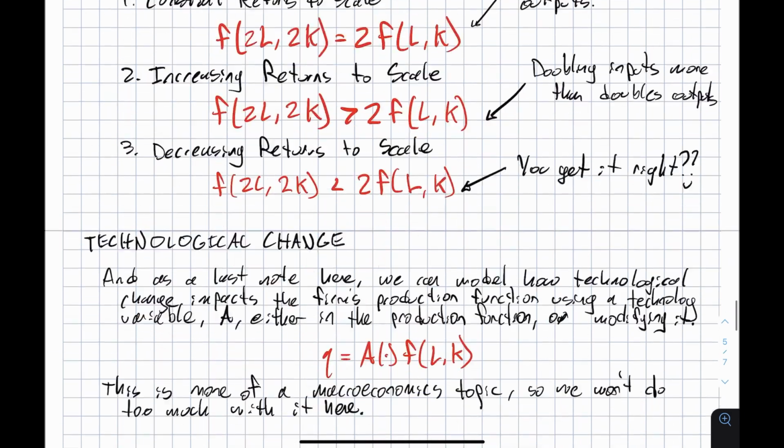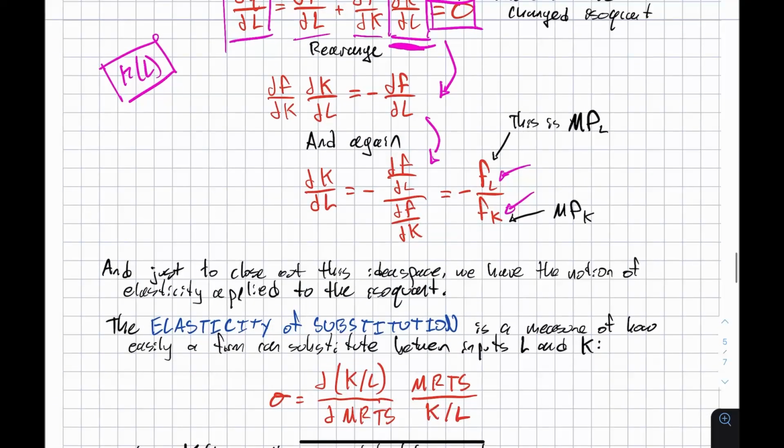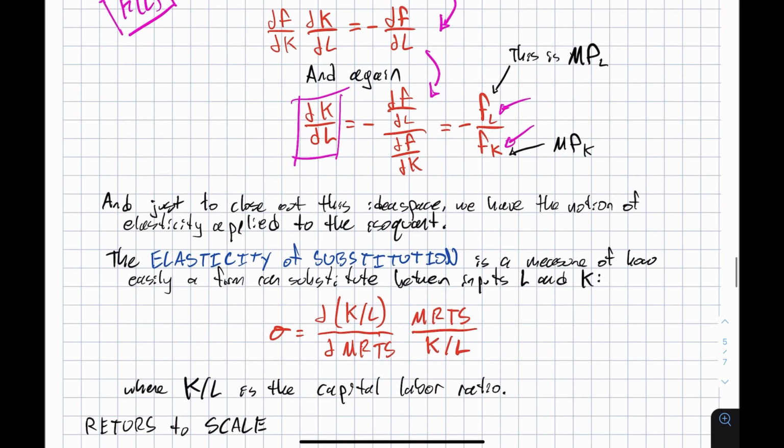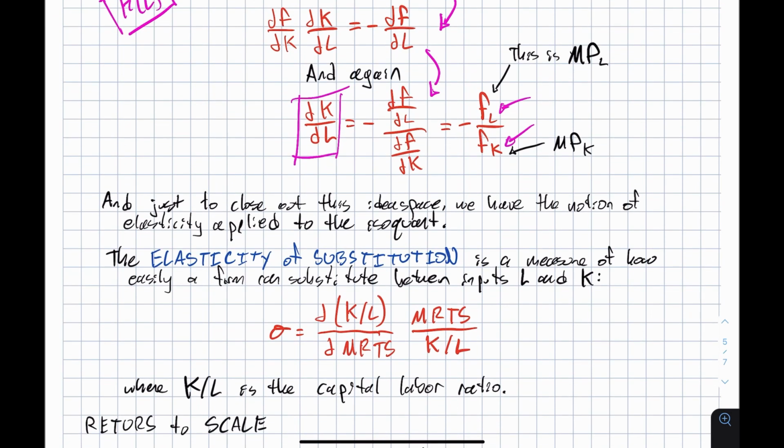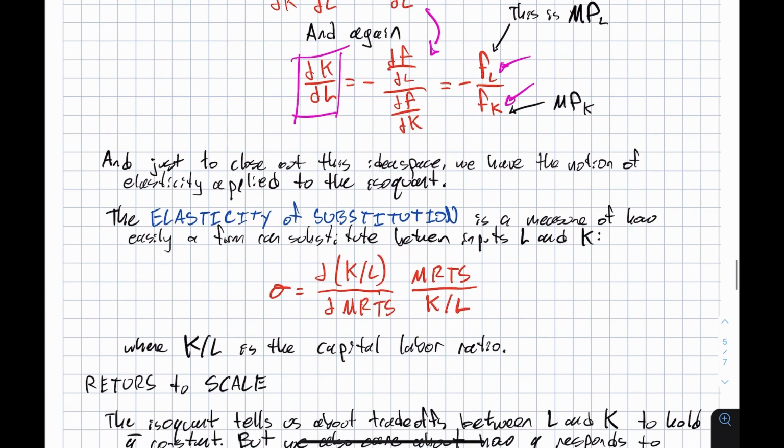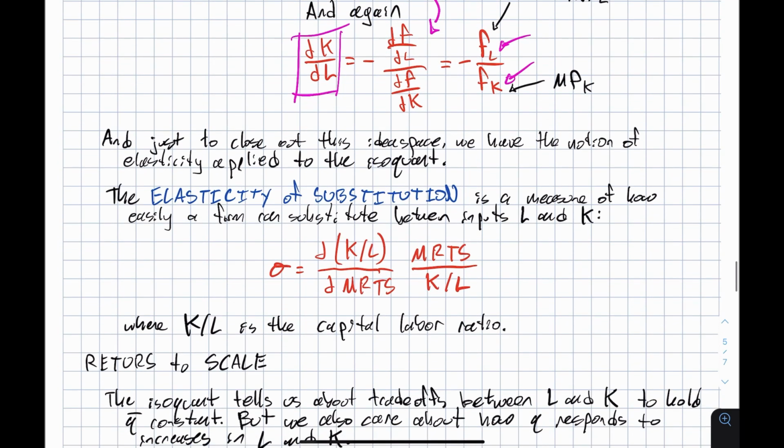And this is really just the slope of the isoquant. Okay. So the same sets of techniques that we've used for consumers, we can apply here to firms, and hopefully this is giving you good feelings.